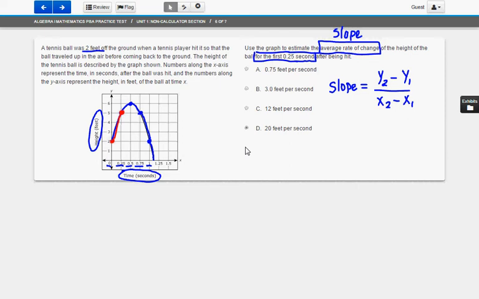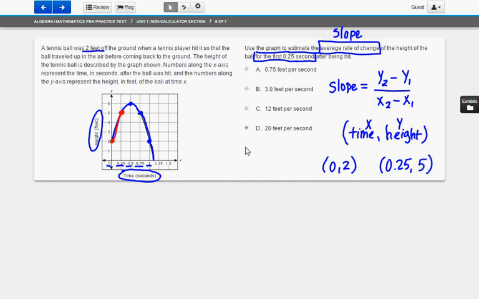And so if I'm writing my ordered pairs for the first 0.25 seconds, if I do ordered pairs as time and then height for the x and y coordinates, then I have 2 points. I have the point (0, 2), and then I have the point (0.25, 5).